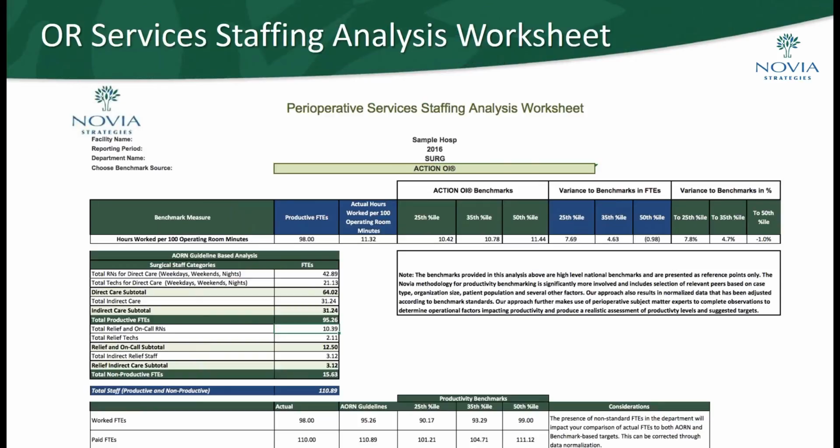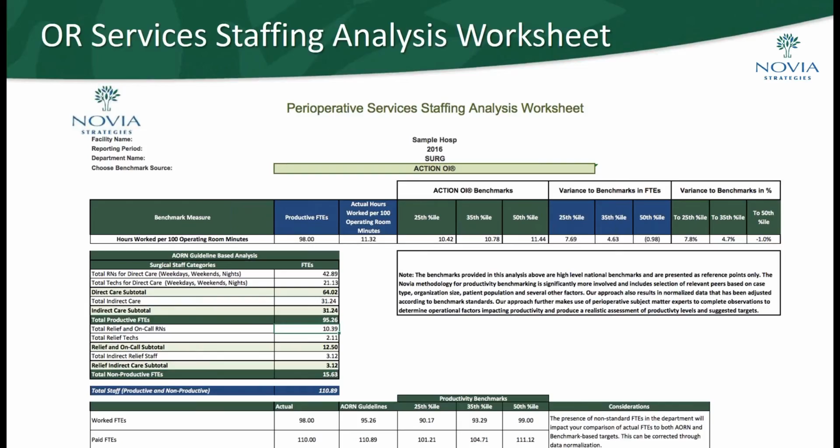Slide 19 is an example of the worksheet that was developed, and it allows you to load in the ARN guideline-based approach. It allows you to take a look at some national benchmarks, and I'll just call out the note in the middle of the screen that the benchmarks that we include in the tool are extremely high level.